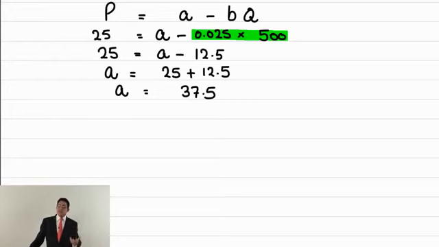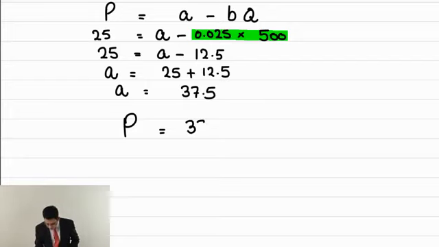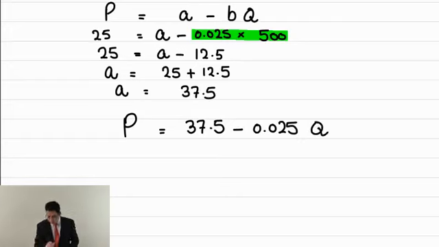A is 37.5, which the company should avoid. So the demand function or equation of this company's product will be P equals 37.5 minus B, which is 0.025 Q.